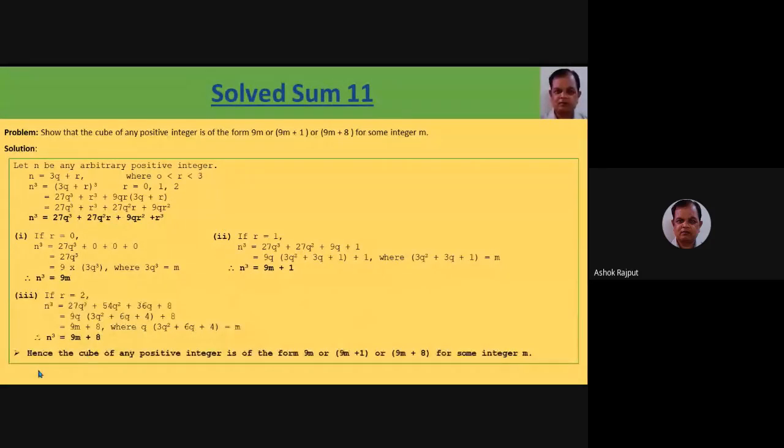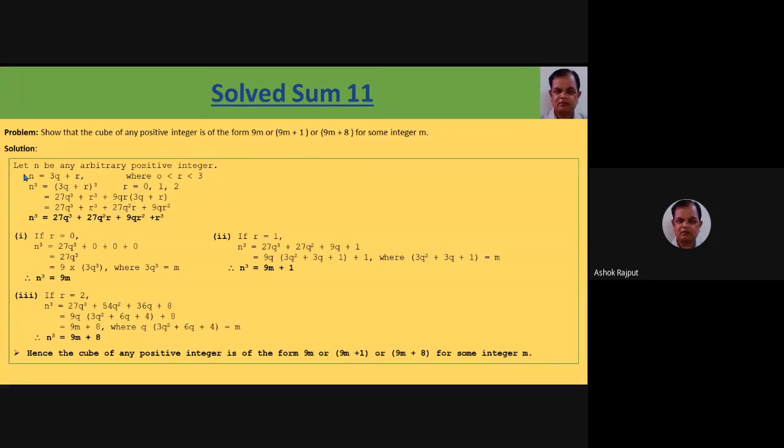Hence, the cube of any positive integer is of the form 9m or 9m + 1 or 9m + 8 for some integer m.